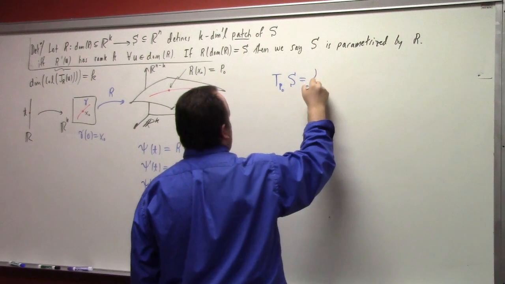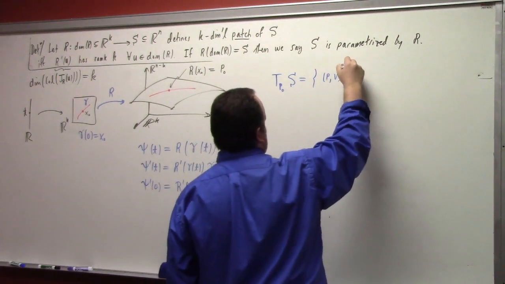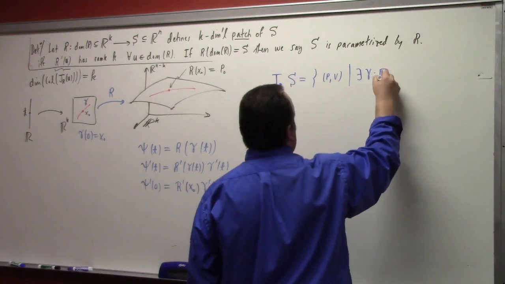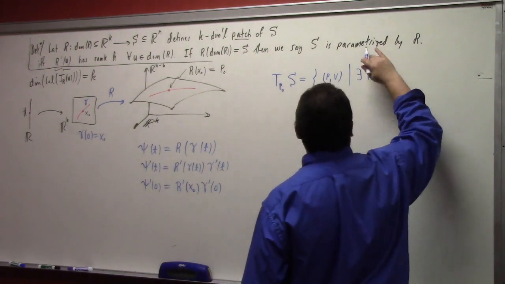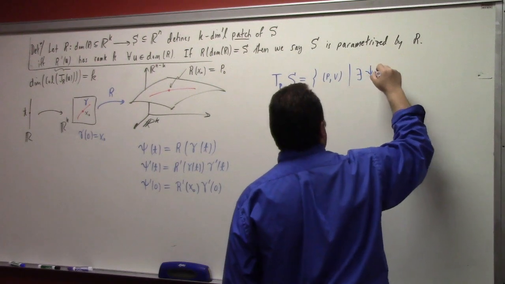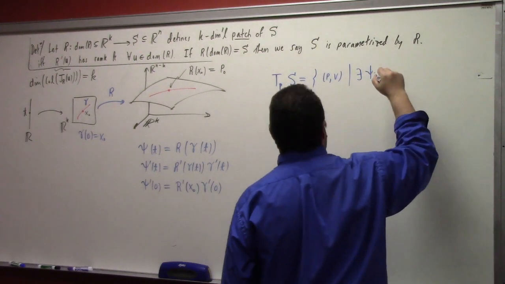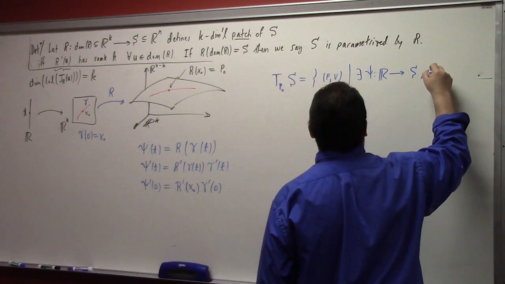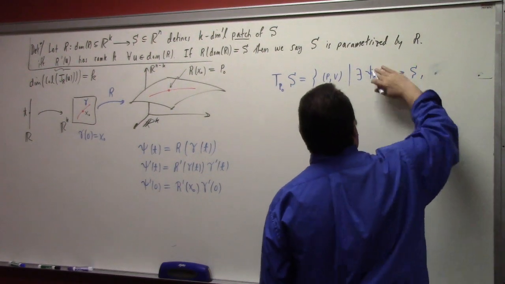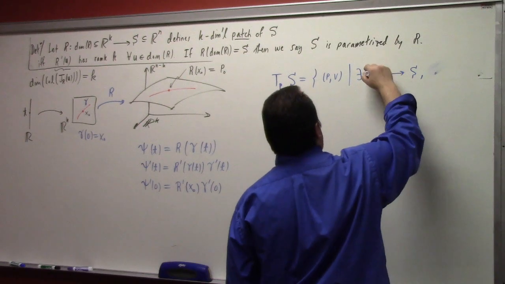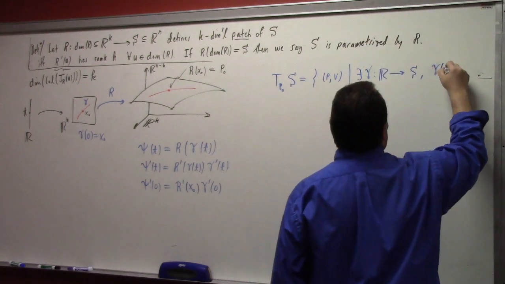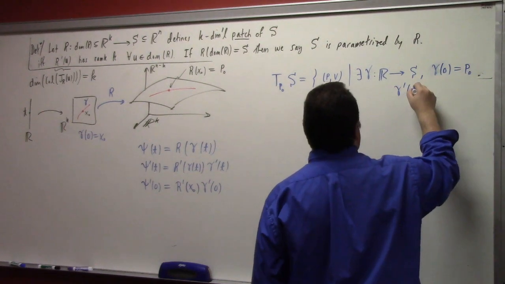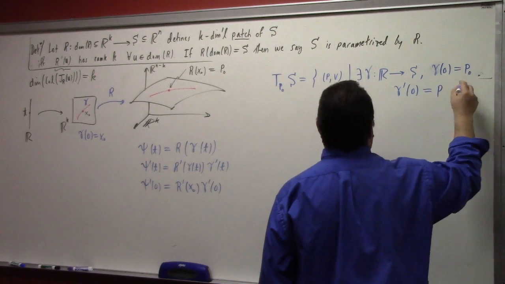We could make it the pairs p comma v such that there exists, in my current language I better use psi, there exists psi from R to S, and let me use gamma, I'm a dummy, gamma, such that gamma of 0 is p naught, and gamma prime of 0 is P, right?